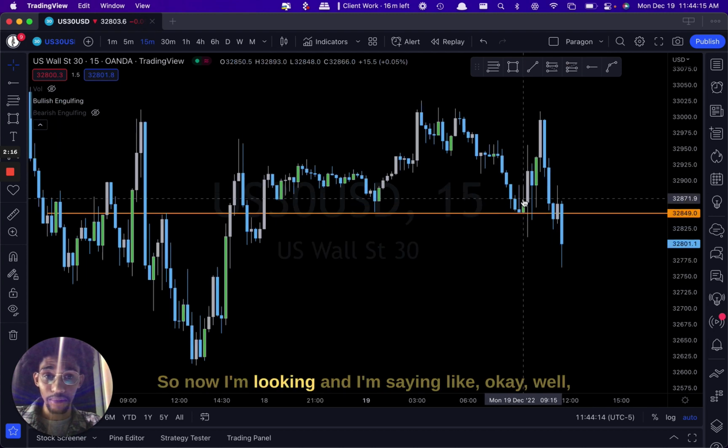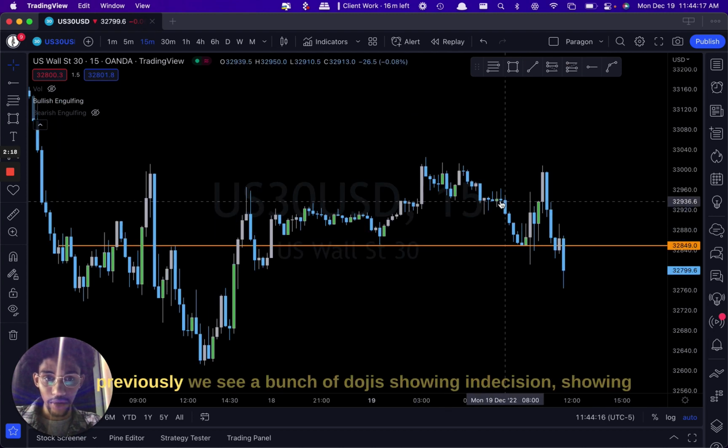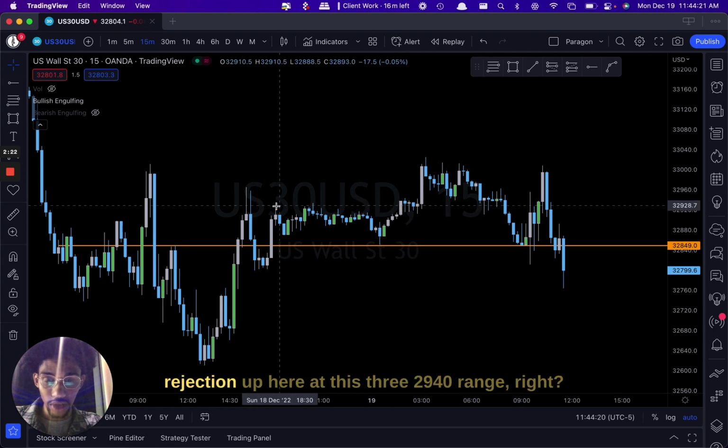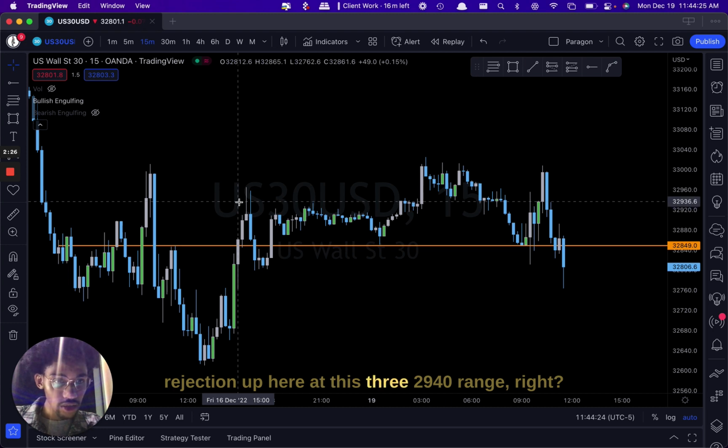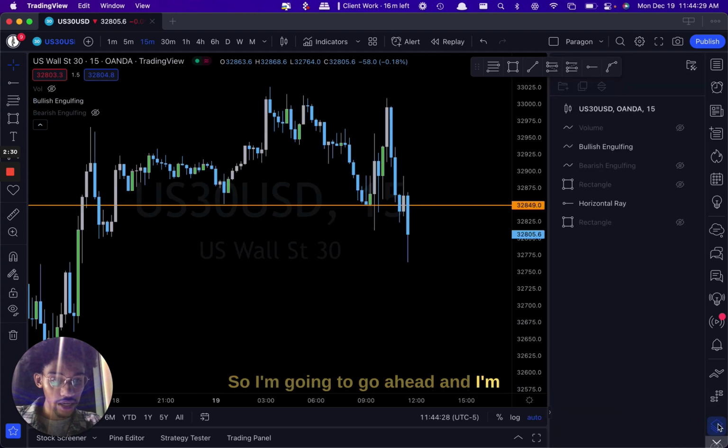Previously we see a bunch of dojis showing indecision and rejection up here at this 329.40 range, right?